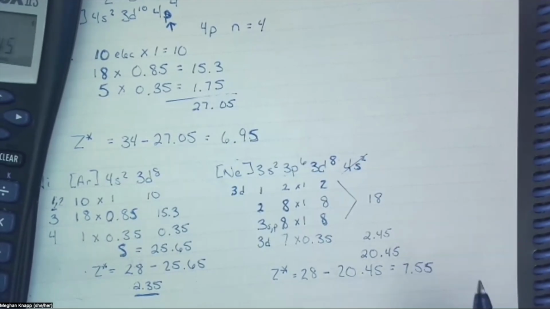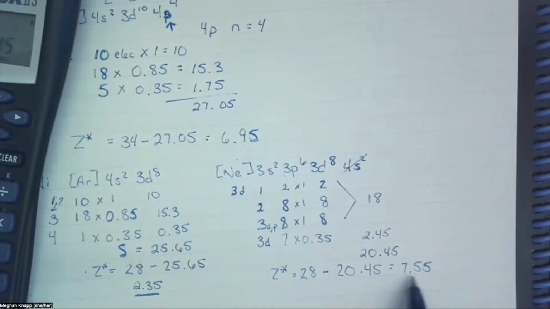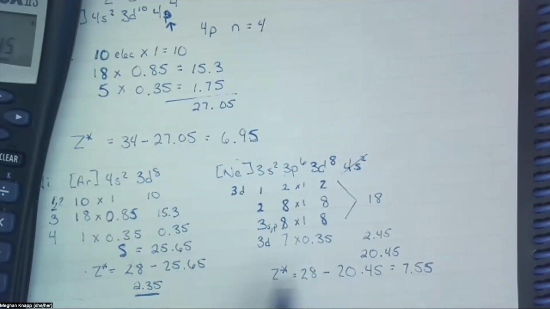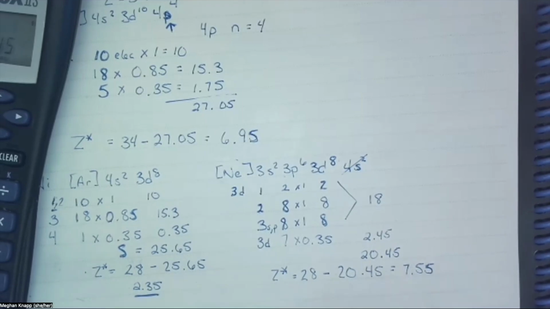All right, so a 3D electron is feeling a pull of 7.5, and a 4s electron is feeling a pull of 2 1/3. So when it comes time for something to be ionized, these are attracted to the nucleus less than these are. And that is why we lose our s electrons before we lose our d electrons.